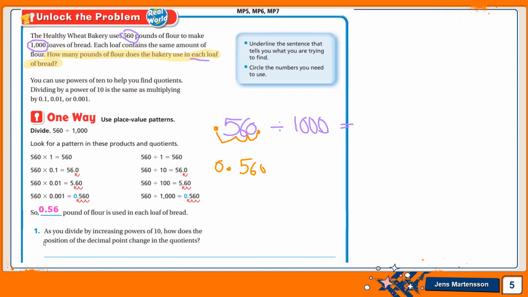Now let's answer this one here. As you divide by increasing powers of 10, how does the position of the decimal point change in the quotients? How is it changed? How do the decimal points change?